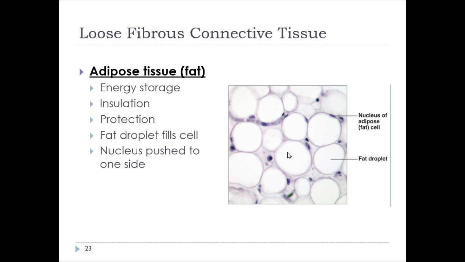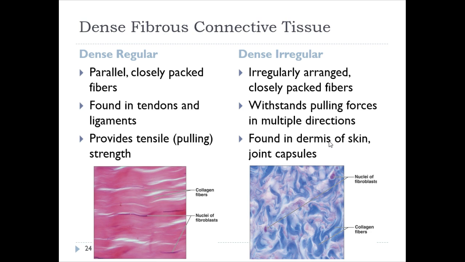Protection too, we use a little fat around our kidneys to prevent them from getting bounced around. And you could see with these adipose tissues that the nucleus is pushed to the side. So the nucleus is on the outside, and the rest of the cell is just covered in fat. That's pretty unique to these cells.